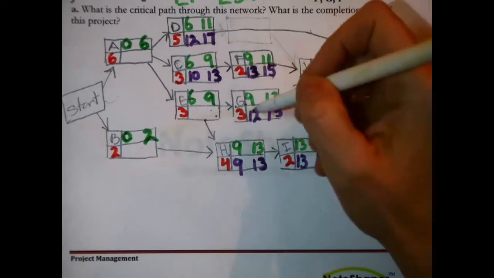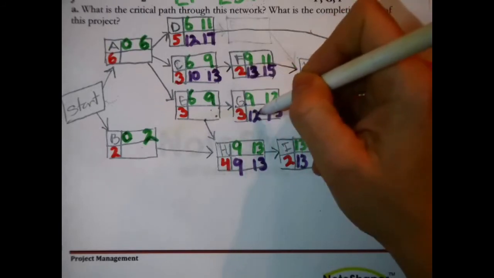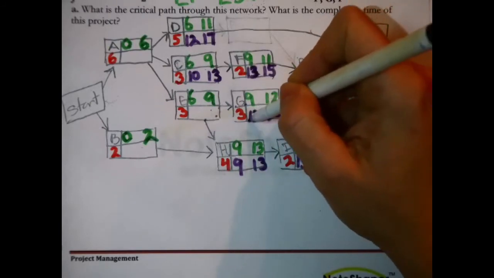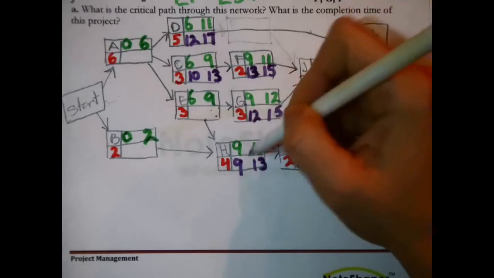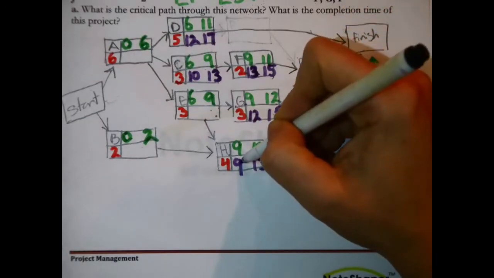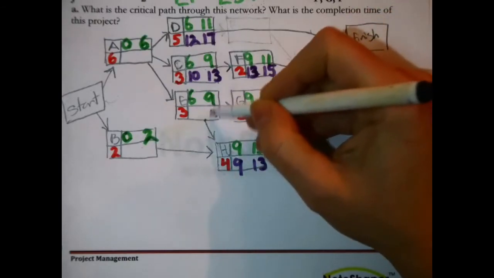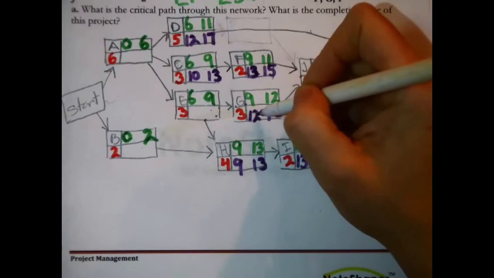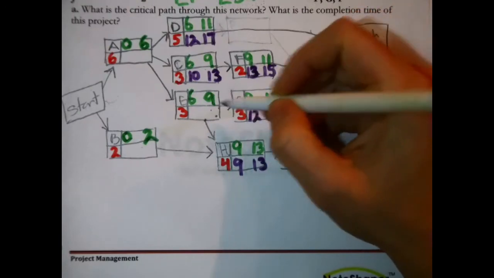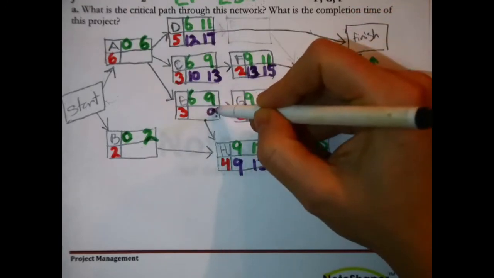So I need to check the start times on both, because G has to start at the latest in 12 days, and H has to start at the latest in 9 days, and I don't want to delay either of them. I'm trying to figure out when I have to finish E. Therefore, to not delay either of them, I pick the smaller.